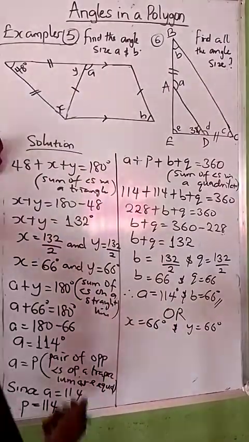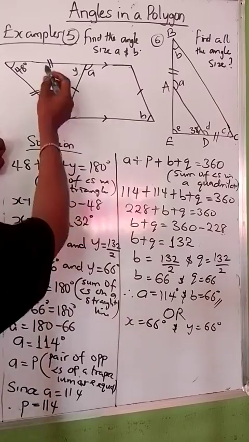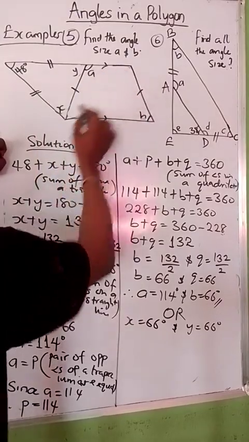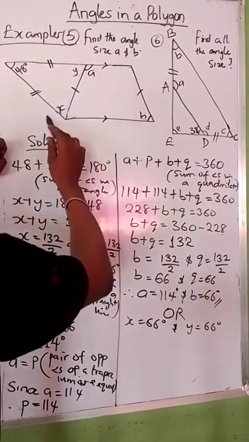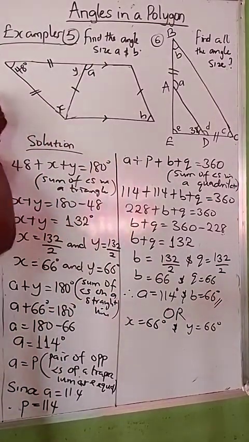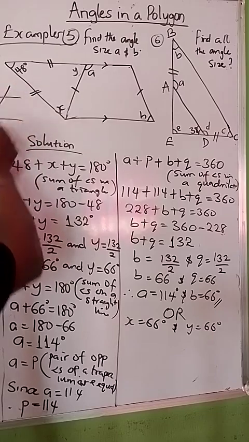After solving this, you can see that this line is a parallel line. Why? Because of the arrow. And remember, when you have parallel lines and a transversal, this angle and this angle will be the same.